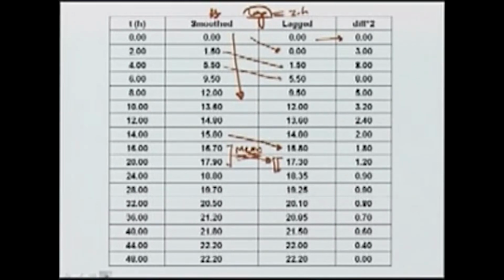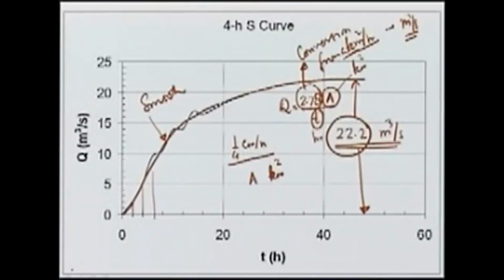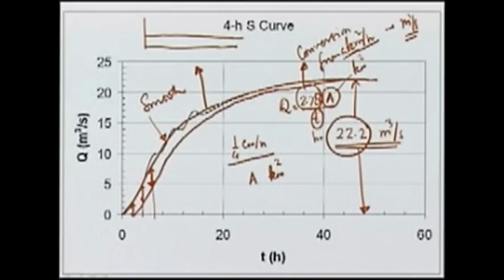Now, the difference of these, what it means is that if we lag the S curve by 2 hours, the difference of these ordinates, as we have seen, the first S curve is because of a rain which is of infinite duration, intensity 1/4 centimeter per hour.